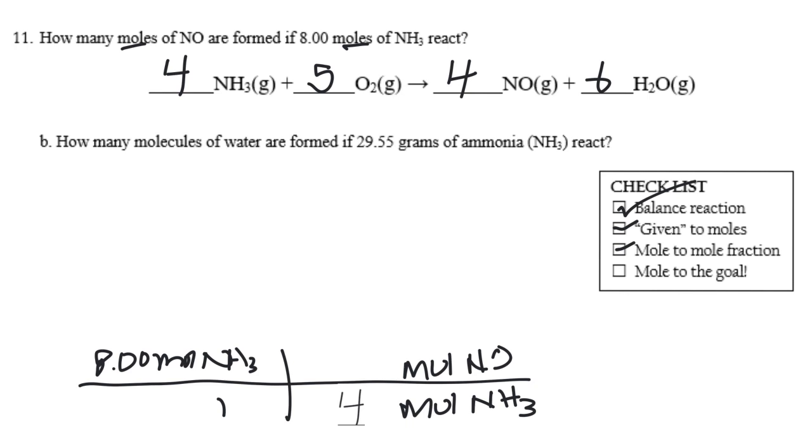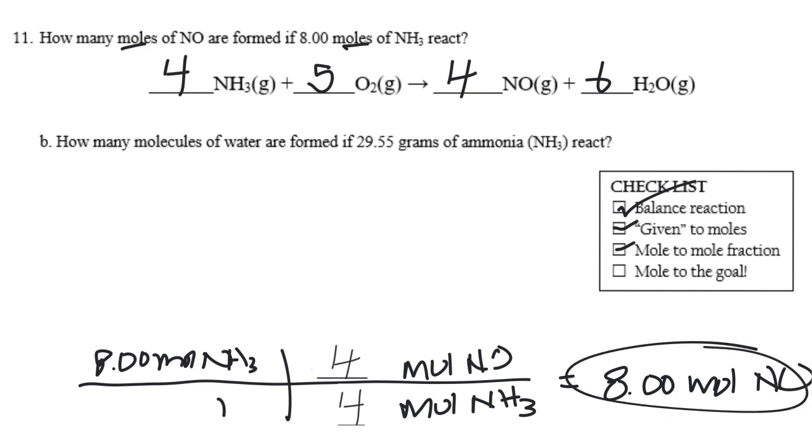The number in front of NO is a 4, so it makes our math really kind of easy. It's 8 times 4 over 4. The 4's cancel, and I end up with 8 moles of NO. So my checklist, I have everything done. Answer for the first one.